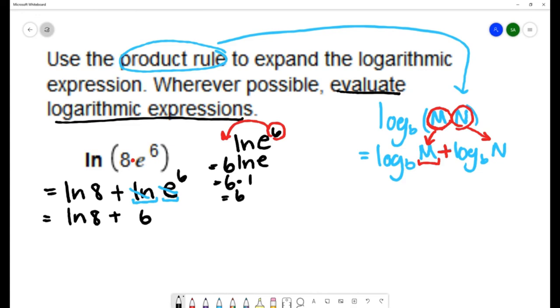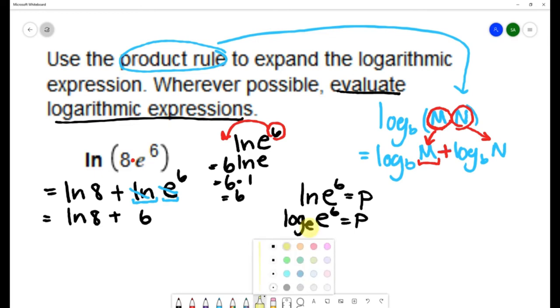One more way that we could simplify would be, all right, we've got natural log e to the 6th. You can say, I'm not sure what this equals. Let me say it's equal to some p. We know that natural log is the same thing as log base e. I'm going to write that as log base e of e to the 6th. And from here, I can rewrite the log as an exponential. So to do that, we start with the base. We have a base e.